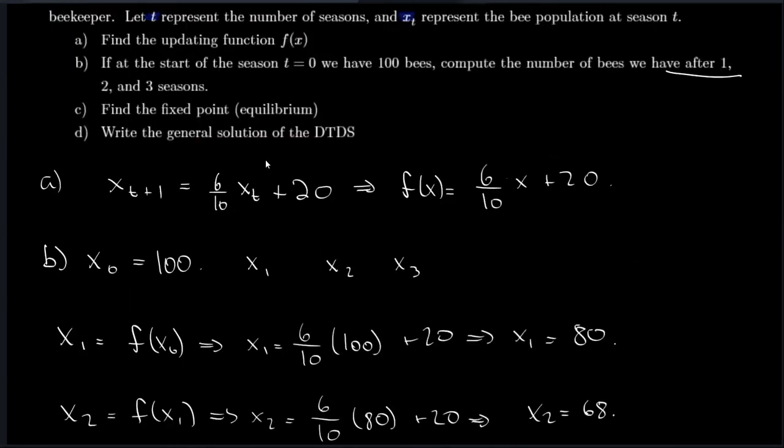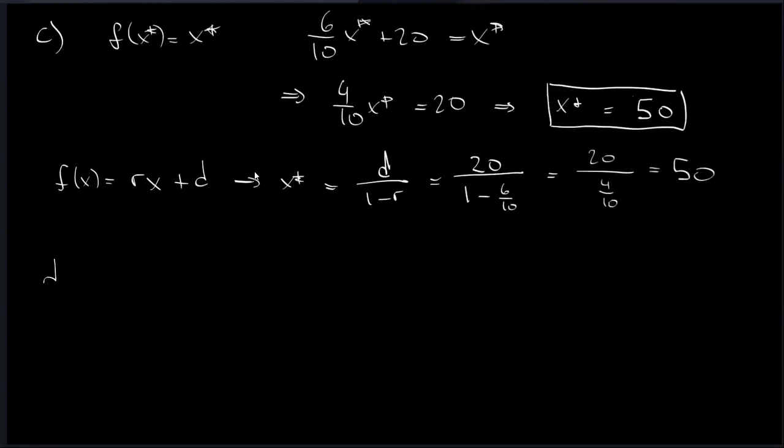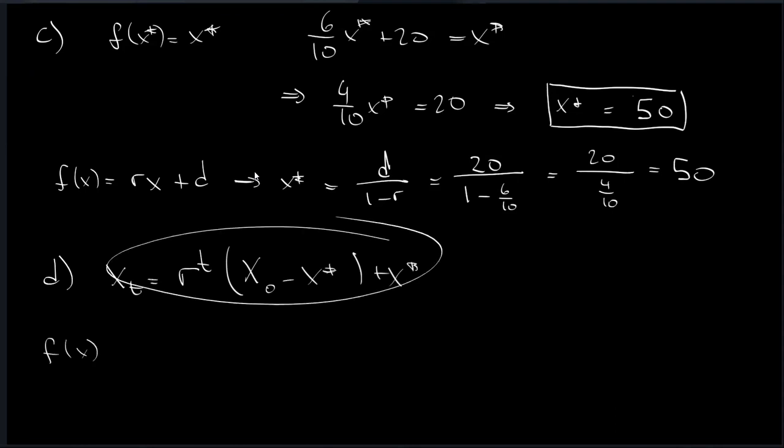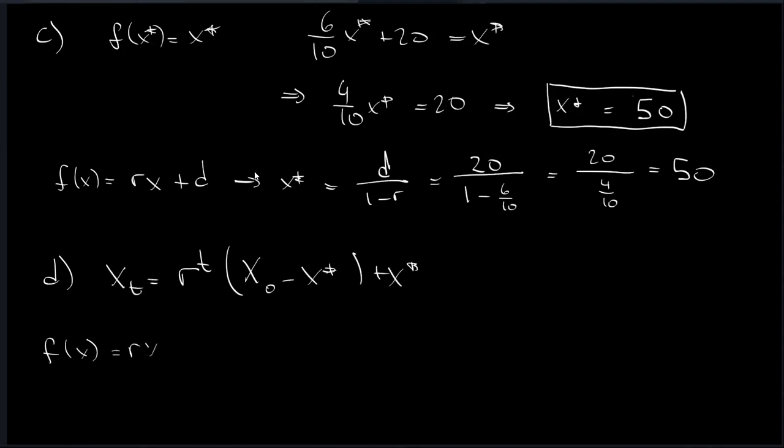And then part D, write the general solution. The general solution is of the form X of t equals r to the t times X naught minus X star, plus X star. This general solution only applies to updating functions of the form rx plus d. If we match our updating function, we see that r is 6 over 10 and d is 20.